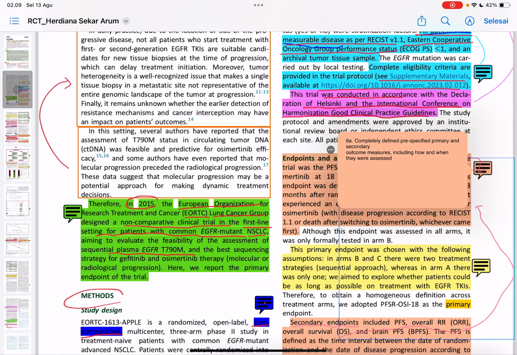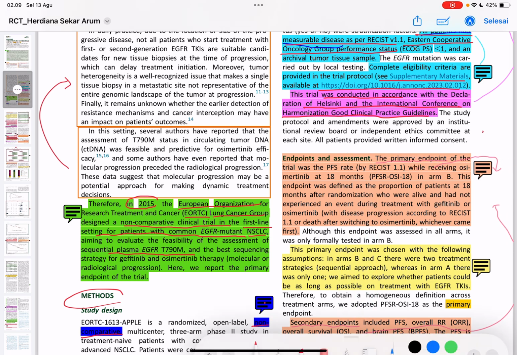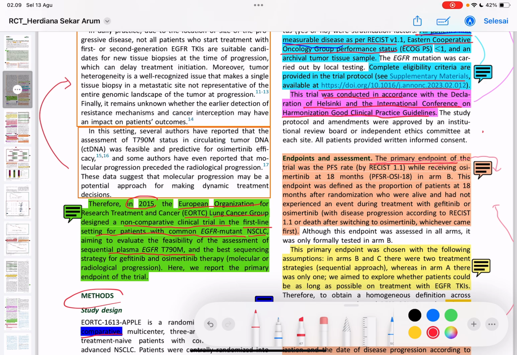because they completely define pre-specified primary and secondary outcome measures, including how, who, and when they were assessed. In here, the primary endpoint of the trial was the PFS rate.